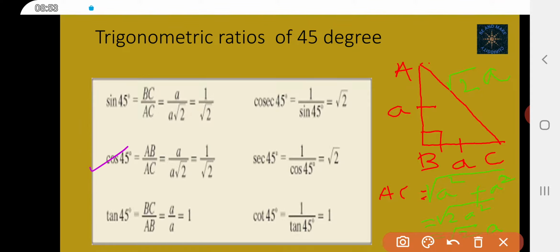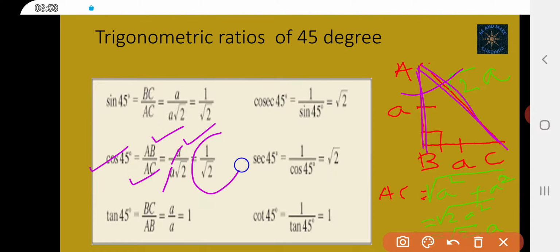Here now you find cos 45 degree. Cos 45 degree, base is AB and H is AC. So AB by AC, A by root 2A, A cancel, so 1 by root 2 you get.